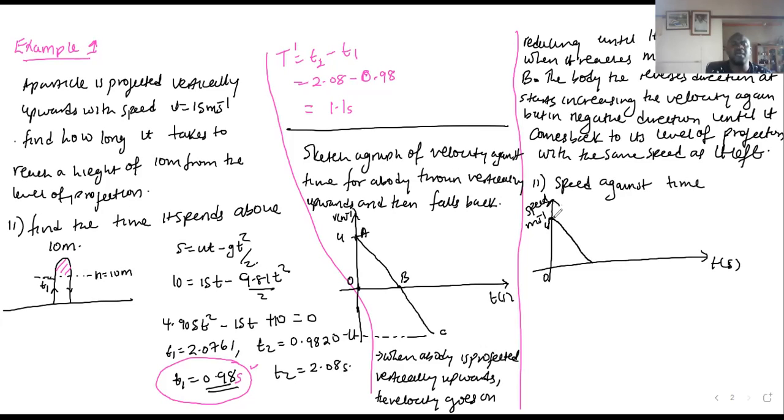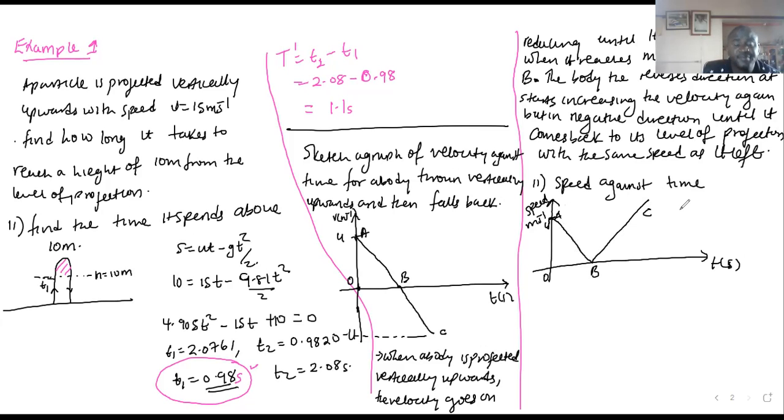When it reaches maximum height, the speed becomes 0. Then when the body reverses, the speed starts increasing again. But you do not have to consider the negativity in this case. Why? Because all through, speed is going to be positive. So that is why we have the shape of the graph as a V. This is point A, point B, point C.